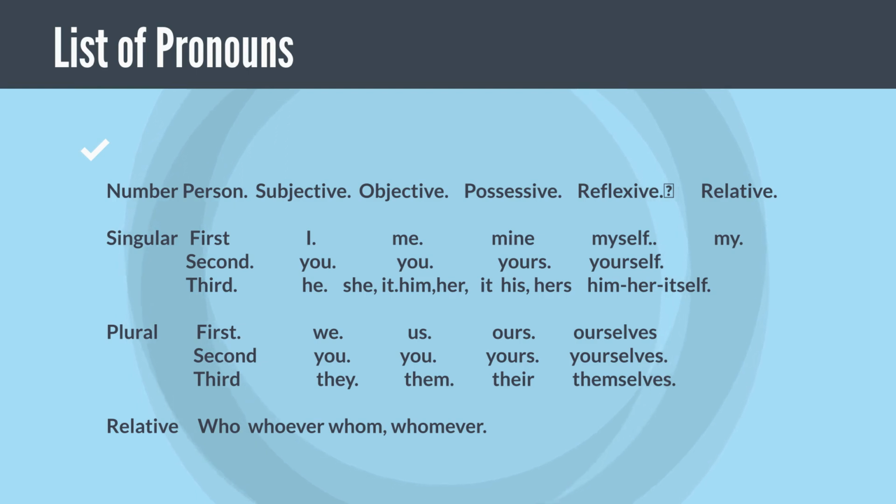Third: he, she, it; him, her, it; his, hers; himself, herself, itself. Plural first: we, us, ours, ourselves. Second: you, you, yours, yourselves. Third: they, them, their, themselves.